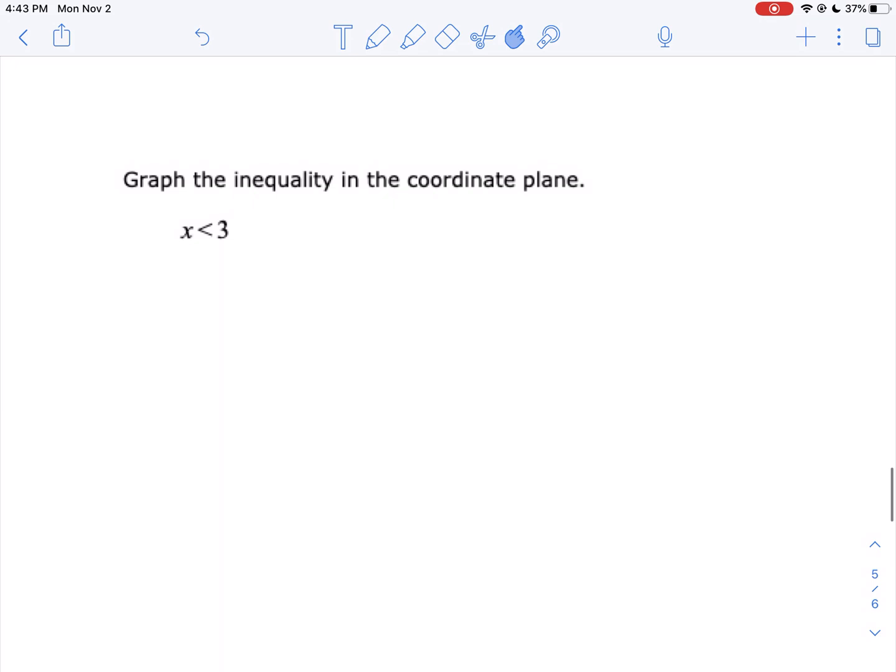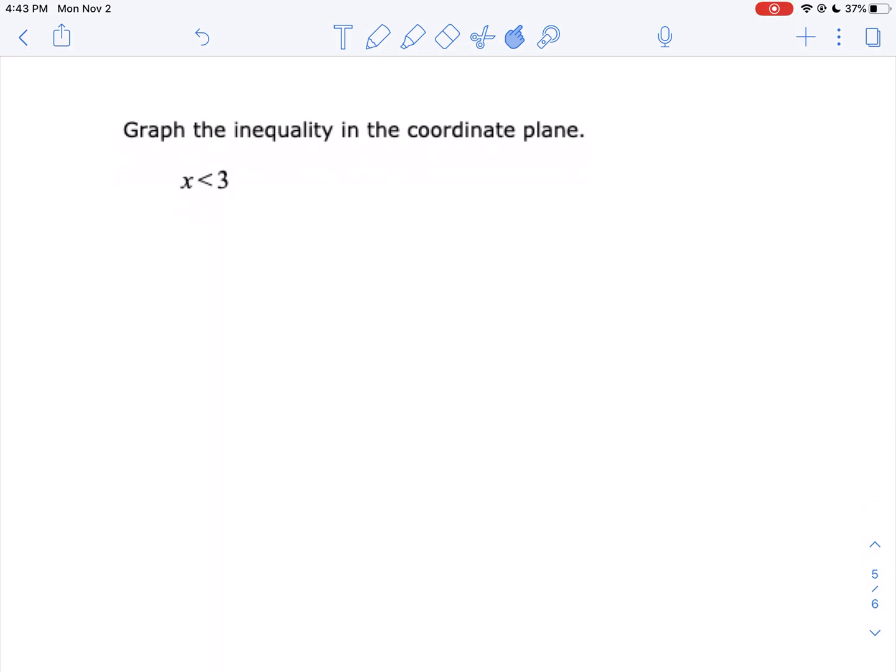The last question. Graphing this inequality. Well, let me draw the coordinate grid in. You did y on the problem. X is less than 3. You go over 3 on the x-axis.